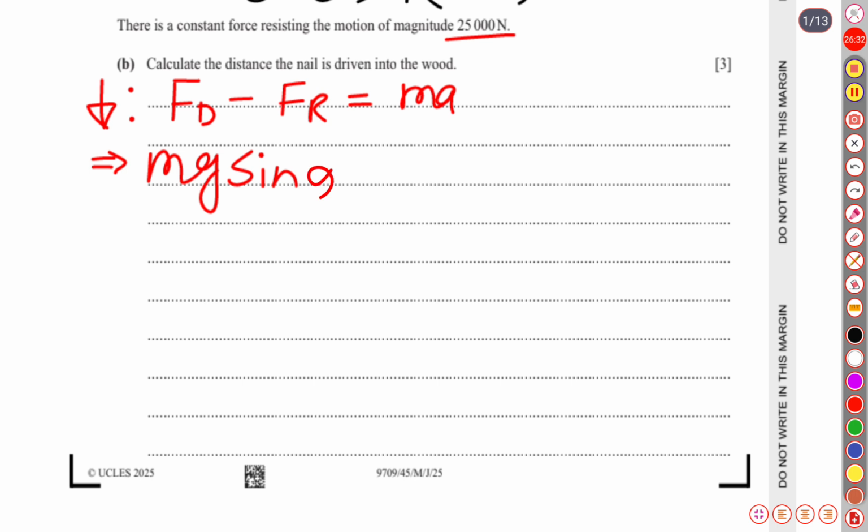Please don't get confused, we are not ignoring the weight. You cannot ignore the angle also. So minus resistance to motion, which is given as 25,000, equals the mass of hammerhead and nail, which is 1.505.